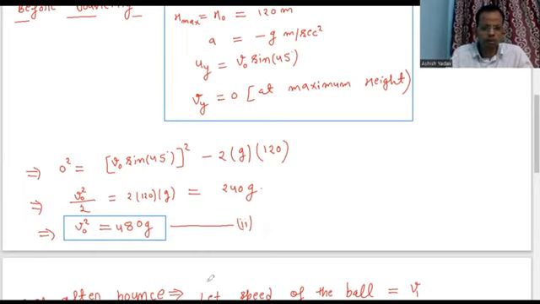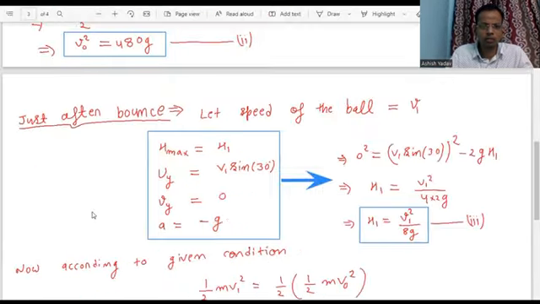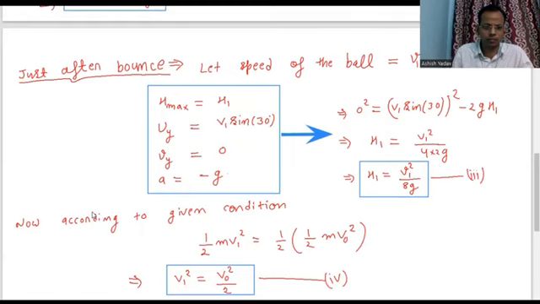Now just after the ball strikes the ground, let's suppose its speed is v1, and it makes an angle of 30 degrees after the first strike. The initial component of velocity in the vertical direction is v1 sine 30 degrees, and we need to find this h1. When the ball reaches its maximum height, the final vertical component of velocity will be 0 and a will be minus g, as I have explained.